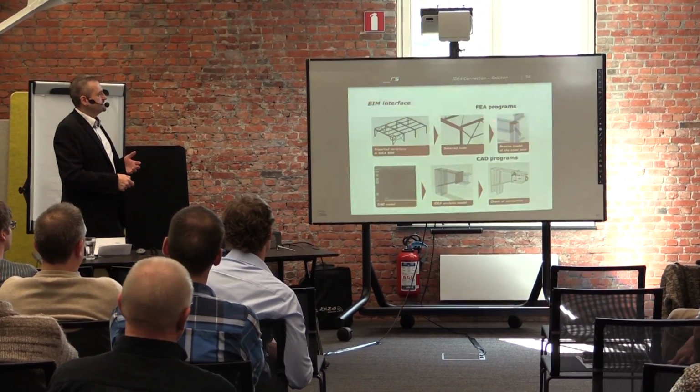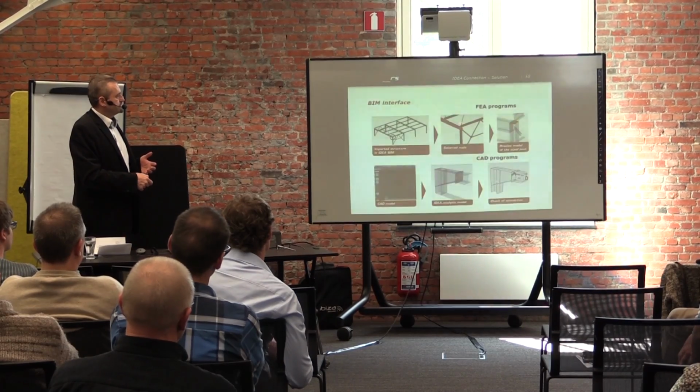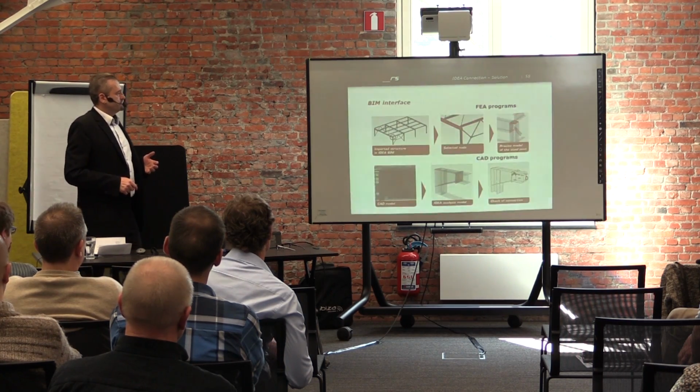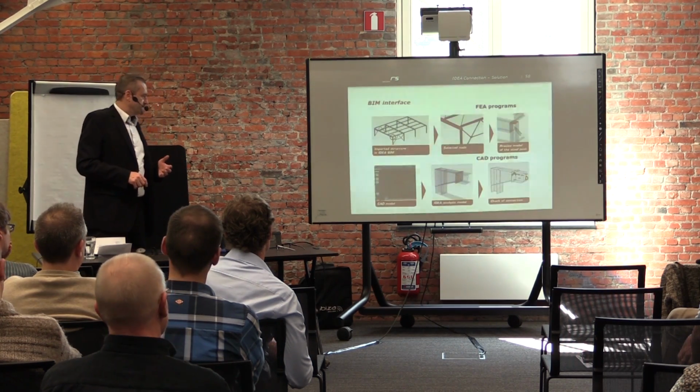This step is sometimes not very easy because in your models very often not all members go really to one node. Sometimes you have some eccentricities, some rigid links, but still these members are connected, so it cannot be done automatically, and you decide which members you want to solve in one design of the joint.